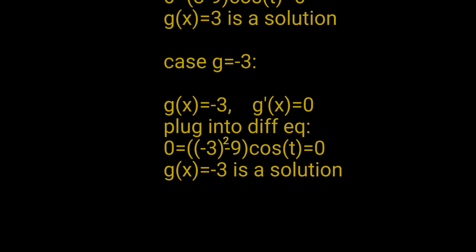In the case g equals negative 3, g of x equals negative 3, g prime of x equals 0. Plugging into the differential equation, 0 equals negative 3 squared, that is 9, 9 minus 9 is 0, 0 times cosine of x is 0, so g of x equals negative 3 is a solution.